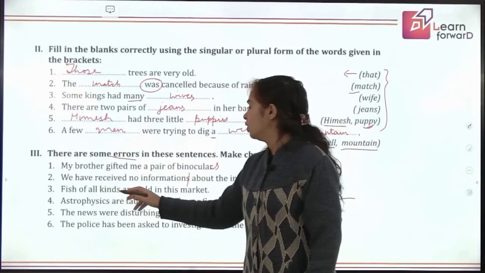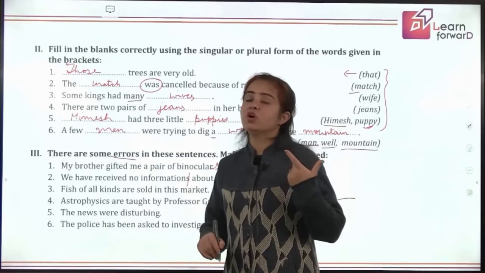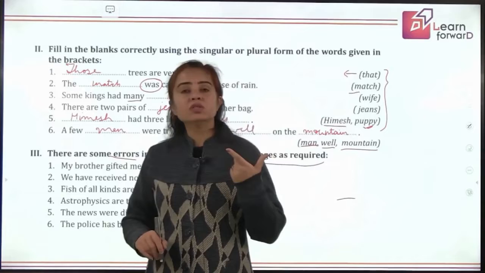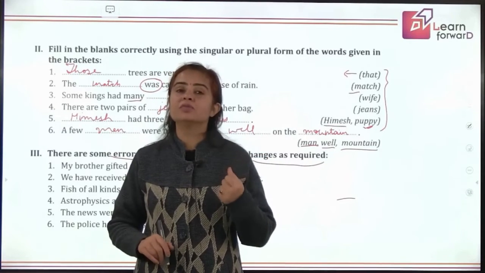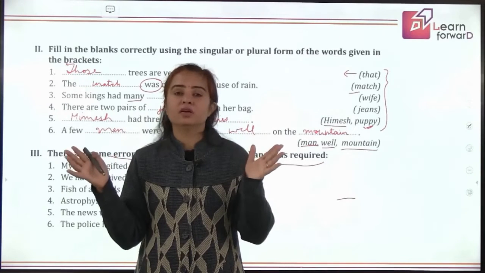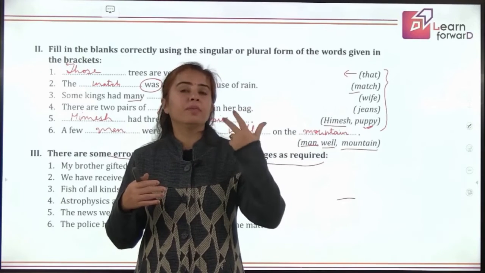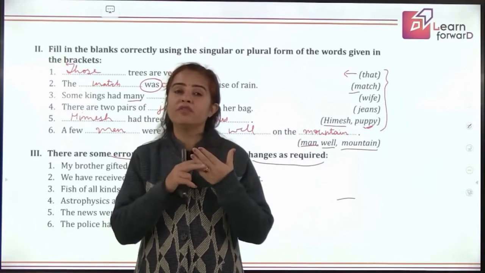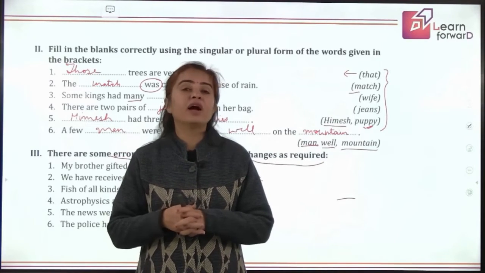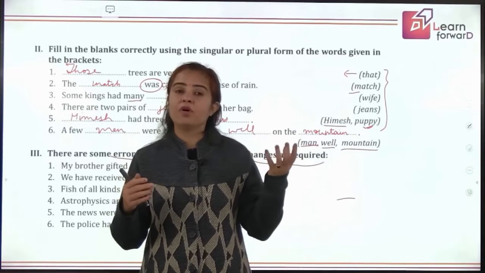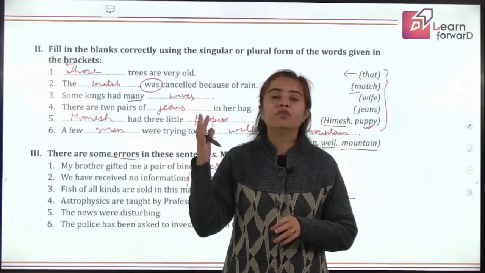Fish of all kinds are sold in this market. Now students, when we talk about fish, when we talk about fruit, these are the 2 nouns that we normally use the same in plural also. But sometimes when we are talking about different ones together, like if in a plate I have a mango, a pear, a banana, a papaya, they are all different. I say I have fruits in my plate. But if you have the same type of fruit, like you have many mangoes in the plate, you will say I have fruit in my plate.